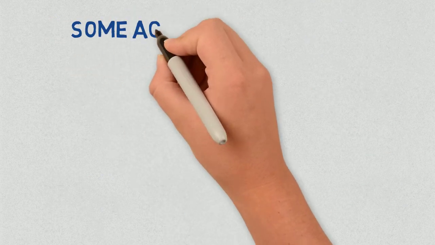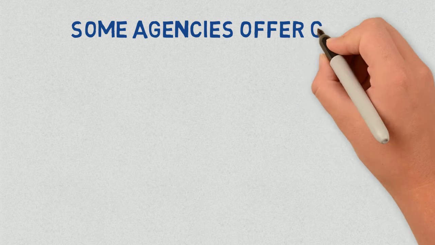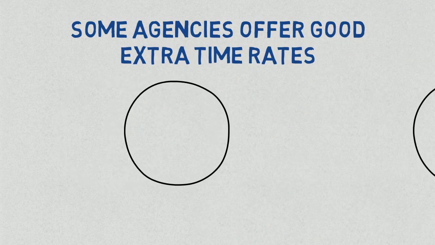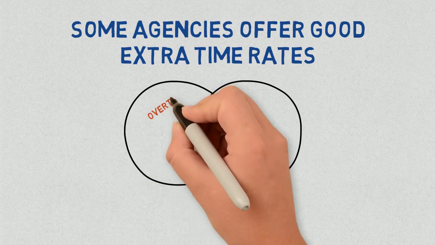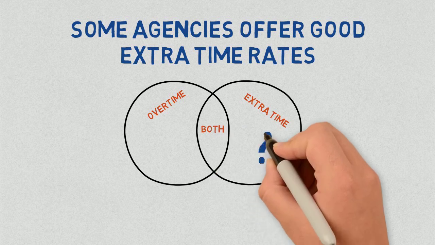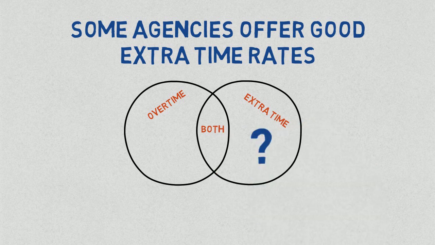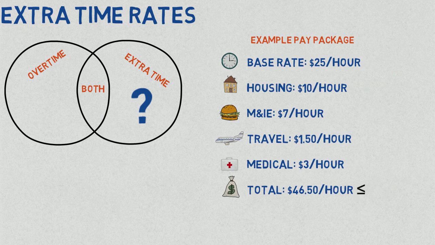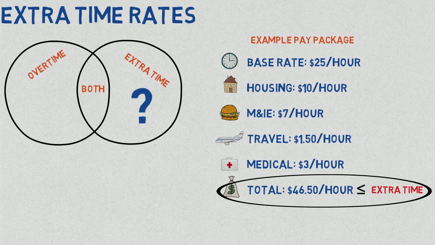However, there are also many agencies that will negotiate a good extra time rate with you. But be careful if they call it an overtime rate. Remember, overtime and extra time are different, so you should request to make it crystal clear in the contract when this rate will kick in. Again, when negotiating your extra time rate, use your total blended rate as the guideline and attempt to get that much or more.